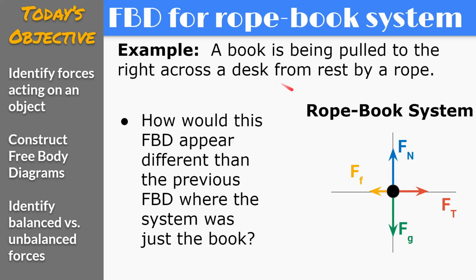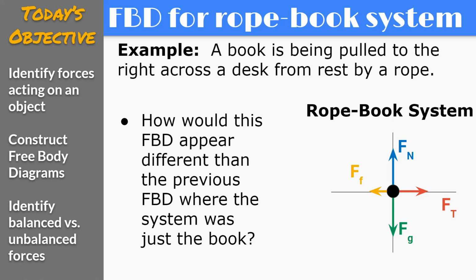All right, here's a follow-up question. Okay, so the last one I drew a free body diagram for just the book. This says, how would the free body diagram appear different than the previous one if I make the system the rope-book system? So it's not just the book anymore, now it's the rope and the book together.